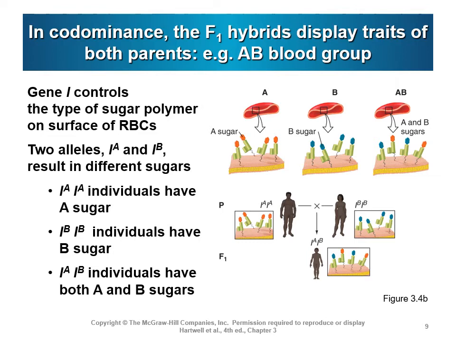Given that gene I has two alleles, IA and IB, there are three distinct individuals. IA individuals have A sugar. IB individuals have B sugar. IAIB individuals have both A and B sugars.